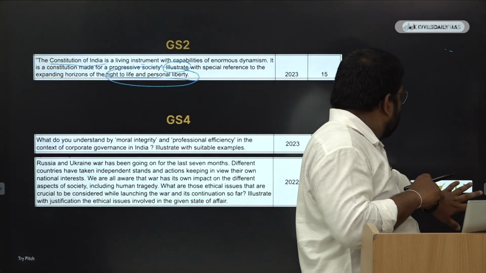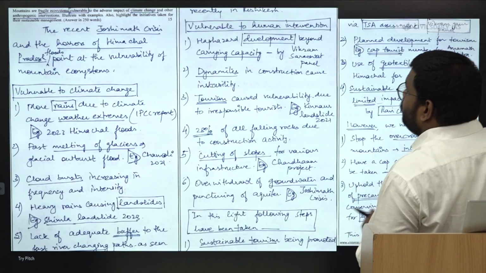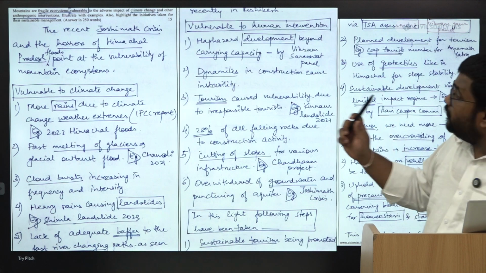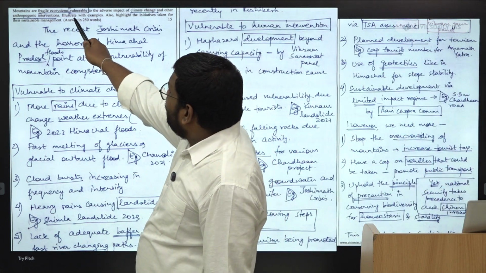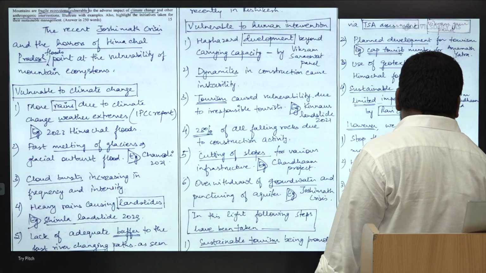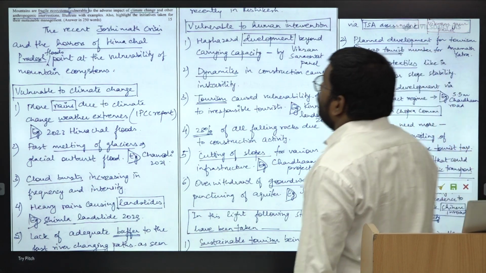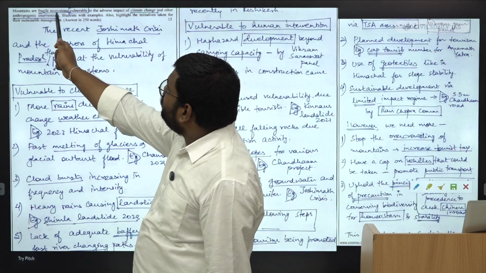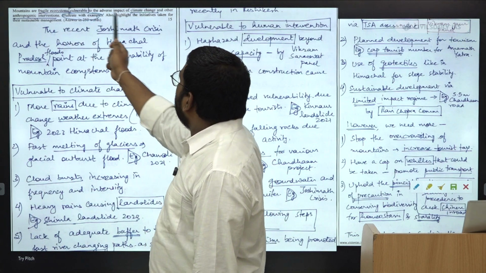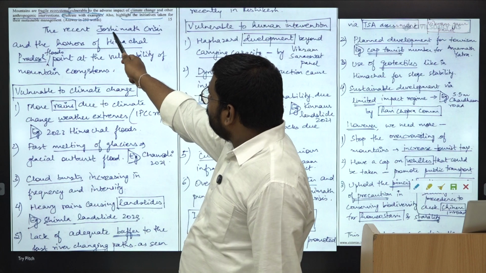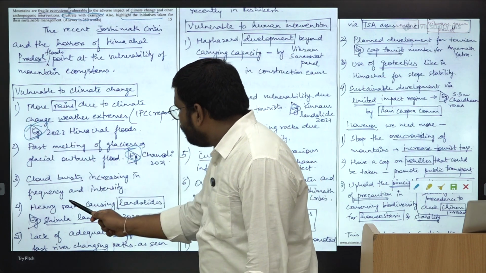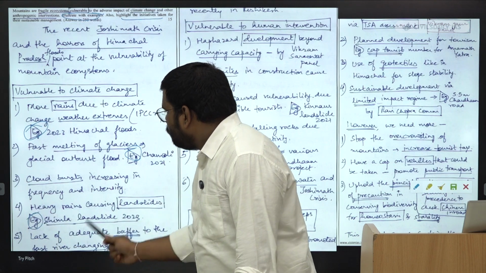Next, if you see this, here also specifically: mountains are fragile ecosystems vulnerable to the adverse impact of climate change and other anthropogenic interventions. Illustrate with examples and highlight the initiatives taken. If you see each point, he has substantiated it.